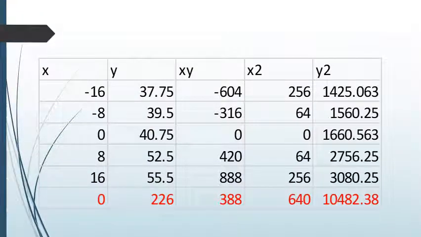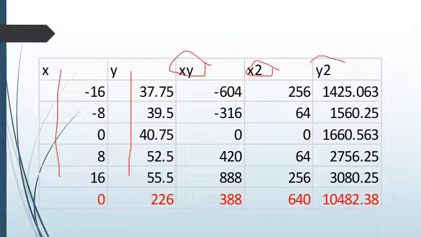You can see that there are x's and there are y's, and we calculate the sums we are going to need in the regression analysis. This is x square and this is y square, and these are the sums. You can see that summation x equals 0, and this will make our calculation very easy.